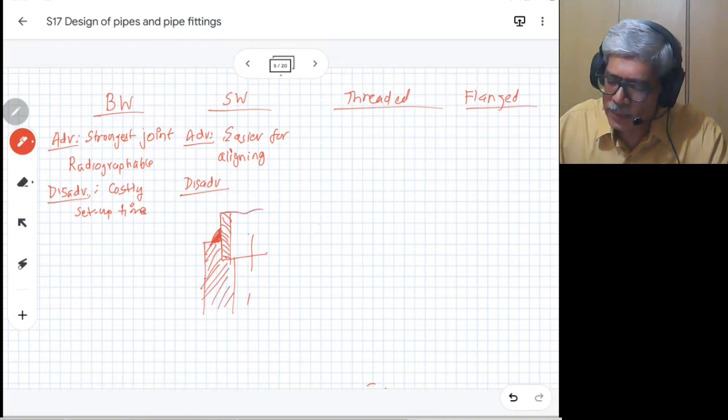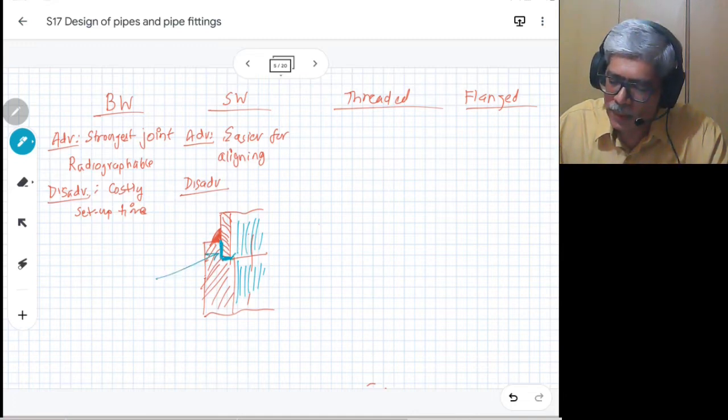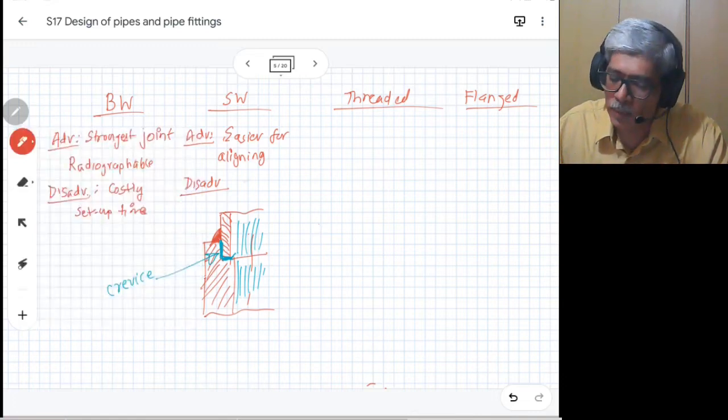So what happens is when the pressure fluid is moving inside, this fluid tends to enter into the crevice which is there. This particular crevice cannot be fully eliminated. So there will always be a crevice through which the fluid will enter, and it will lead to what is known as crevice corrosion. So that is a problem in this particular joint.